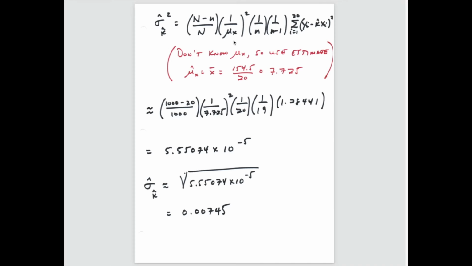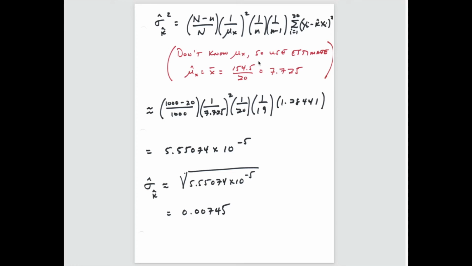If we don't know a parameter, we're going to estimate the parameter from the data, and recall that an unbiased estimator of mu sub x is equal to the mean of the x's, or x bar. So we'll use the sample mean, x bar, the sample mean of the x values, let me be clear about that, in this formula.